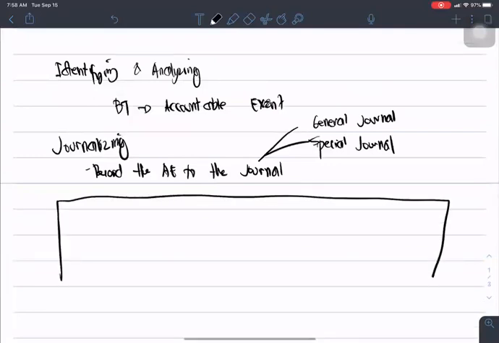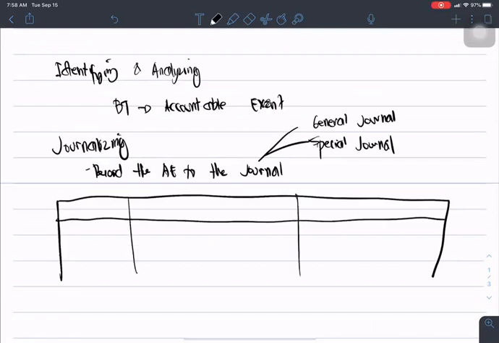Okay, so under our journal, we have this. This is the normal journal. If ever you will find something or you see this, it is your normal journal. So this is the normal layout of your journal. We have already discussed this last meeting. So we have here your date. This is the date column. And then we have your account titles.